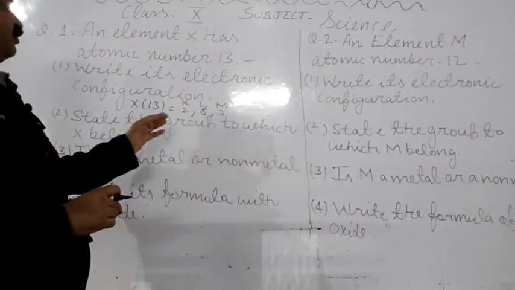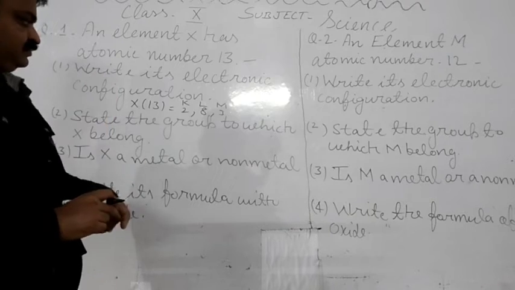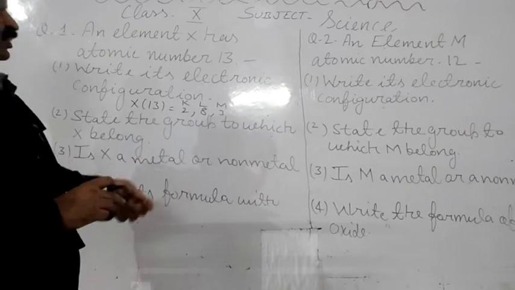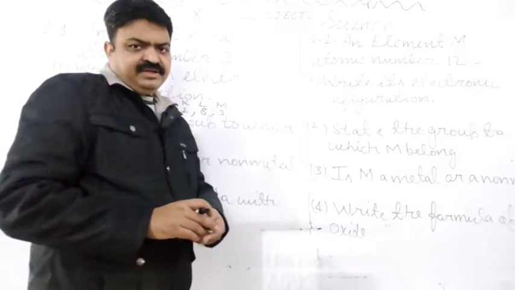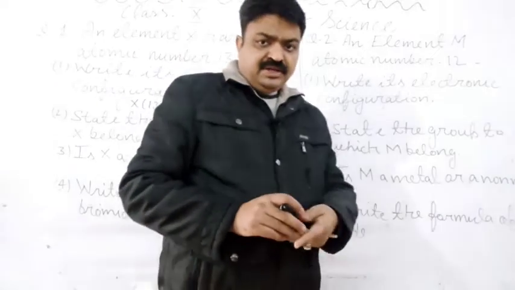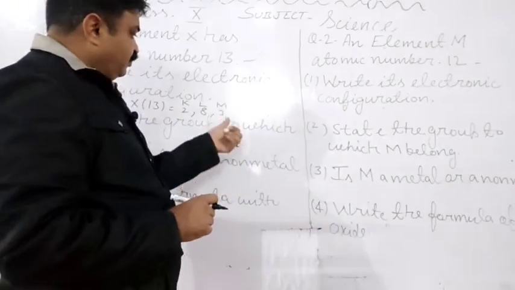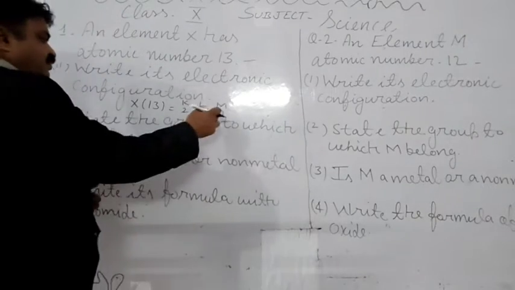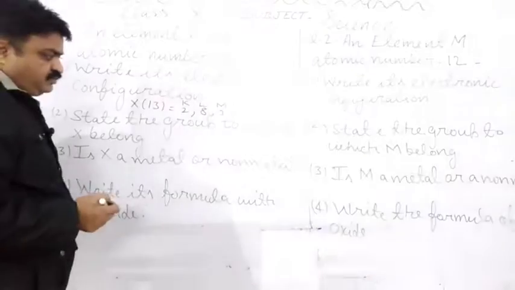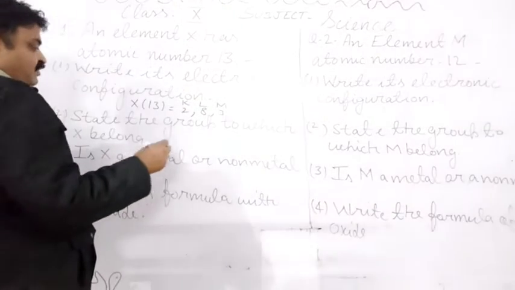Now state the group to which X belongs. Means which group it belongs to, student. This we will tell. Now with the help of this you can easily tell the group. Which group is aluminium found in, student? It is 13.